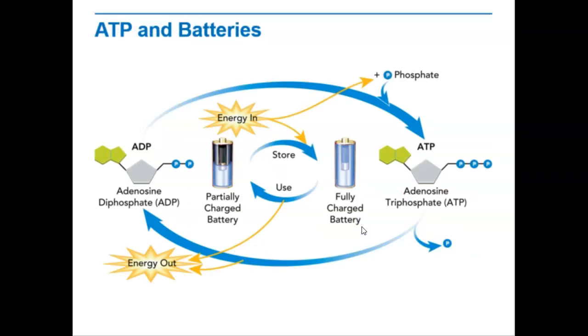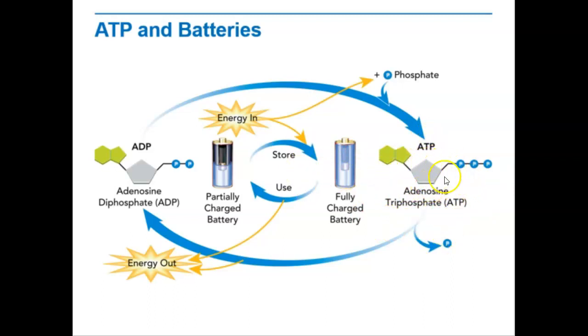All right. So the fact that ATP can easily release and store energy by breaking and reforming those bonds makes it an extremely useful molecule for cellular energy, right? So here is a quick little flow chart. So we have ATP, right, our fully charged version.